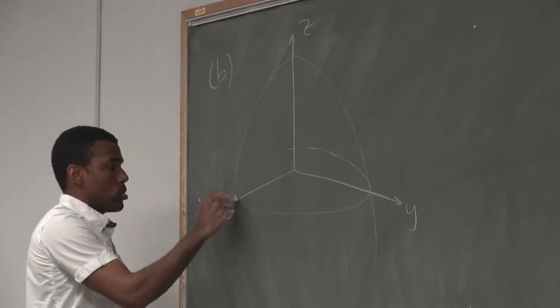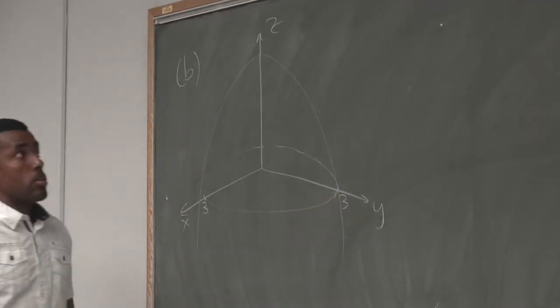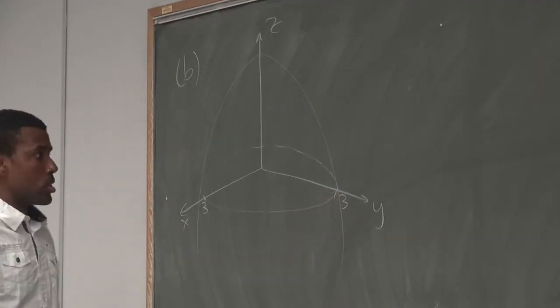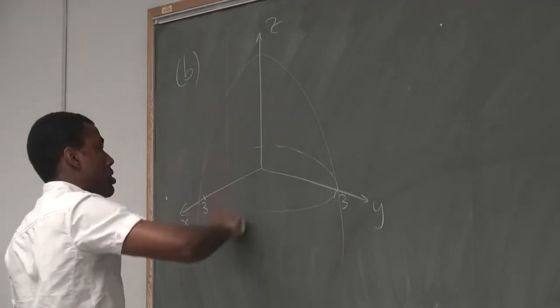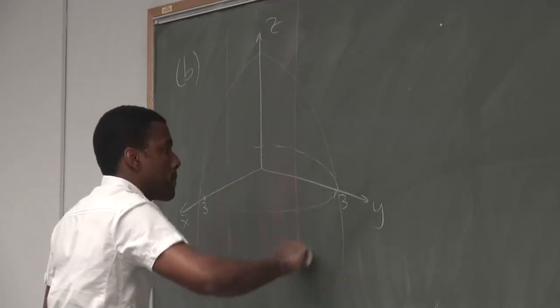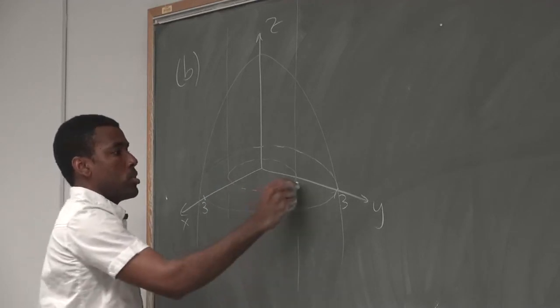All right, so this goes up to a radius of 3, right? Now there's a cylinder, yeah? And what's the radius? 2. What axis is it running along? Z. There's a cylinder cutting through this thing, and its radius is 2.